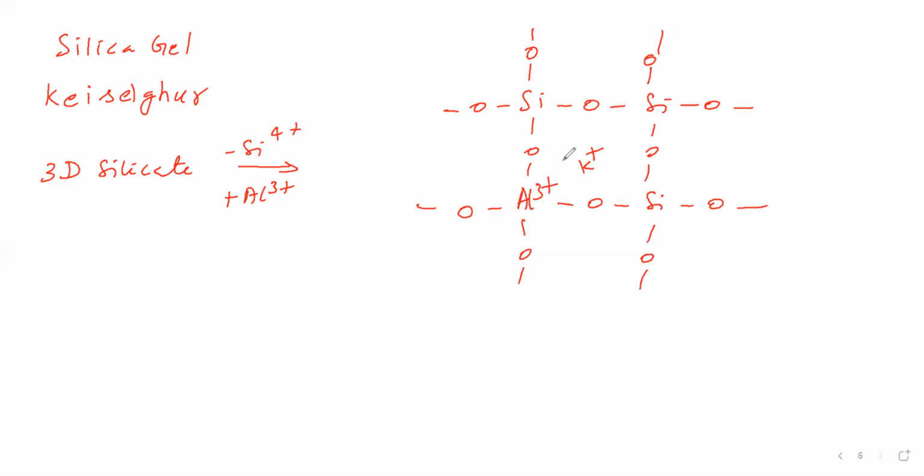So by replacing Si4+ with Al3+, what minerals are we getting? One is feldspar. Next zeolite. Next we are getting ultramarines.